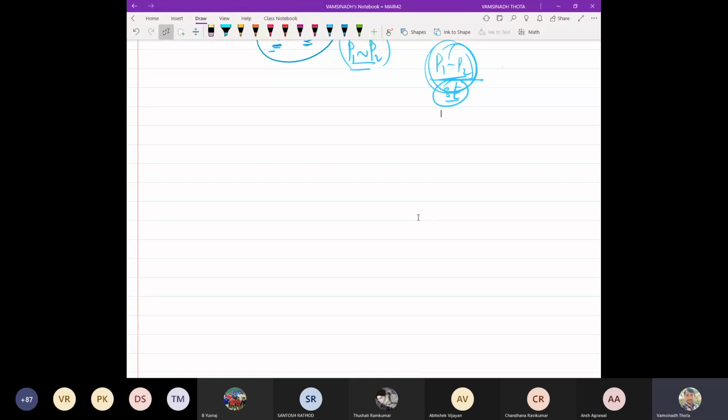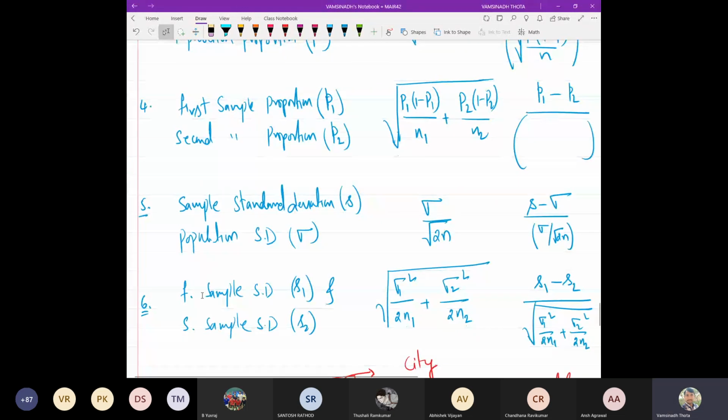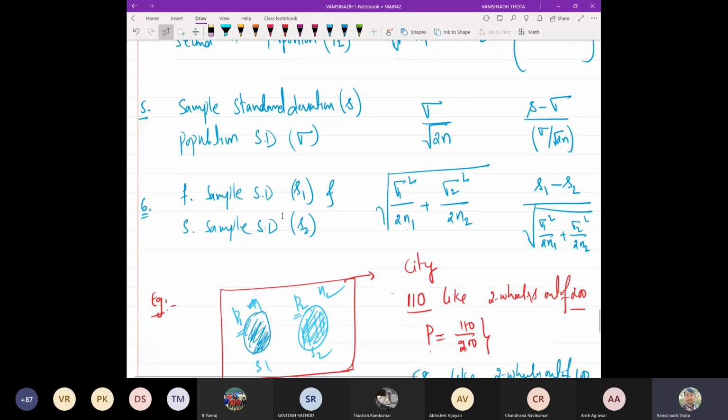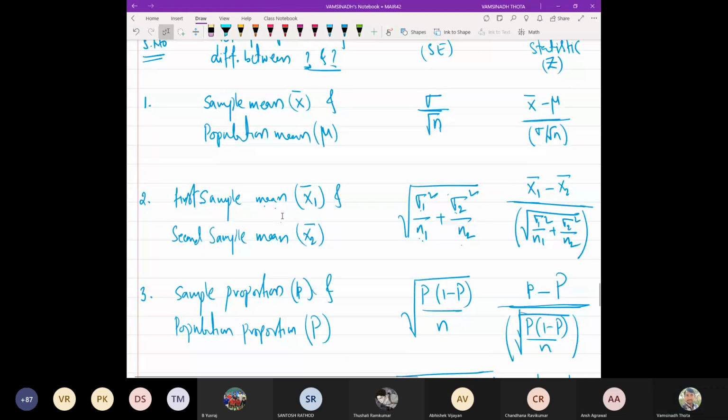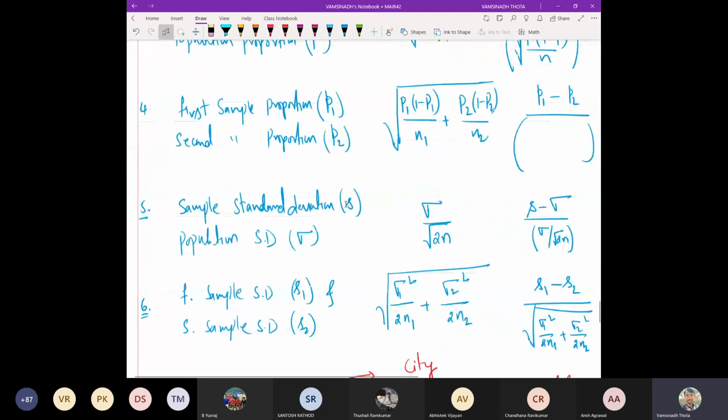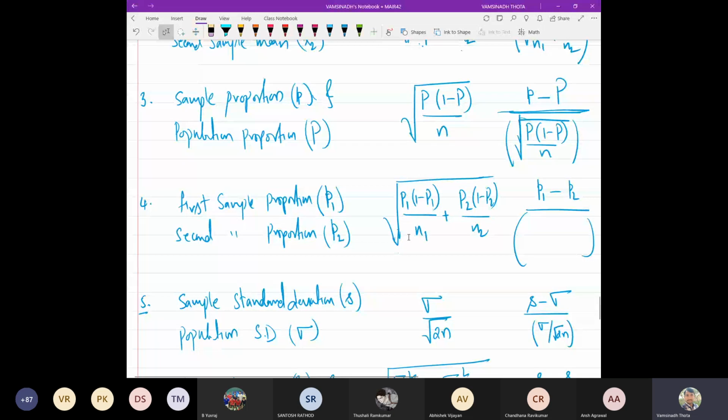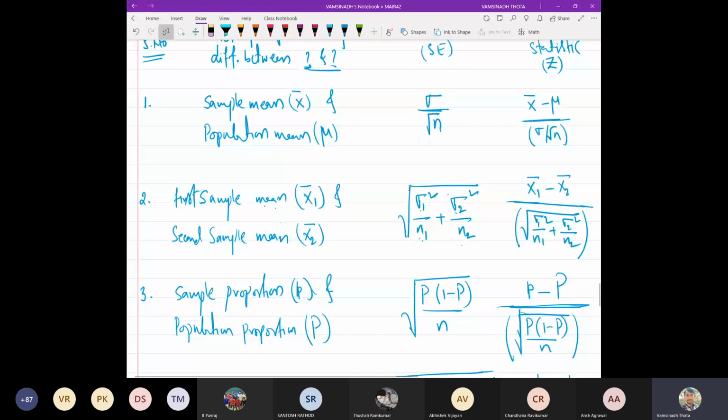So before that, regarding the samples, regarding the standard deviation also, the concept is same. Okay, but let me tell you here, these are the actual things, but sometimes we do not know what the population variances are. In those situations, we need to approximate from the samples and replace sigma 1 square and sigma 2 square.